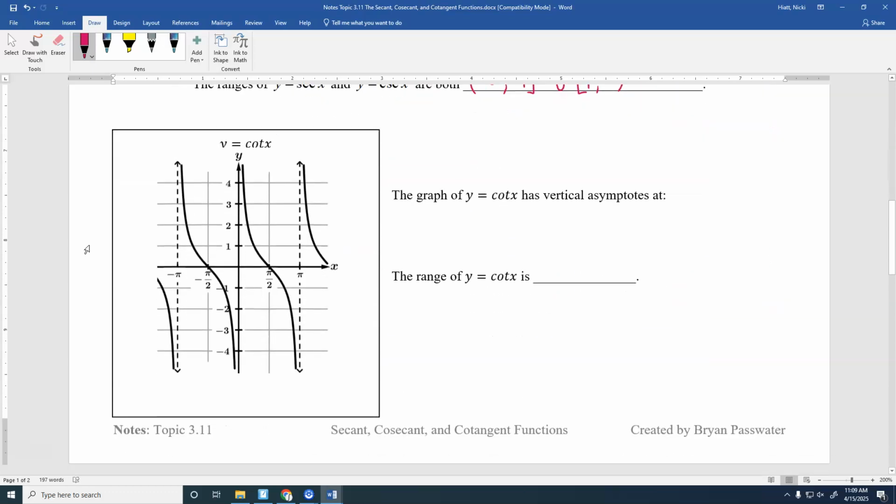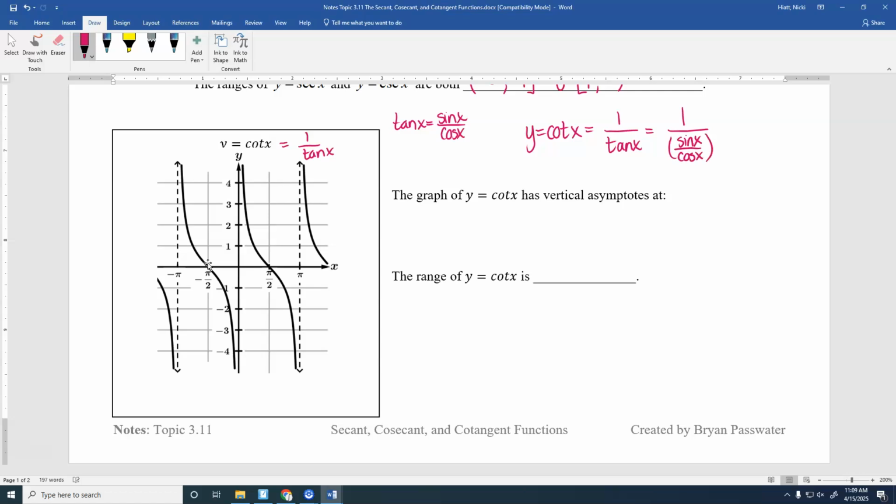All right, cotangent is going to look like this. Cotangent is 1 over tangent of x. We also learned that tangent of x equals sine x over cosine x, right? We learned that earlier when we were talking about tangent. So if y equals cotangent x equals 1 over tangent x, I could replace tangent x with sine x over cosine x, correct?